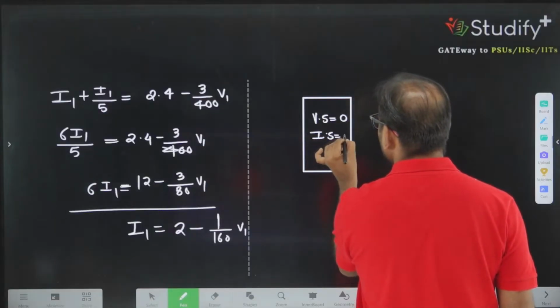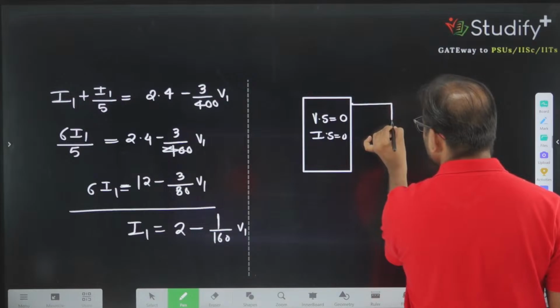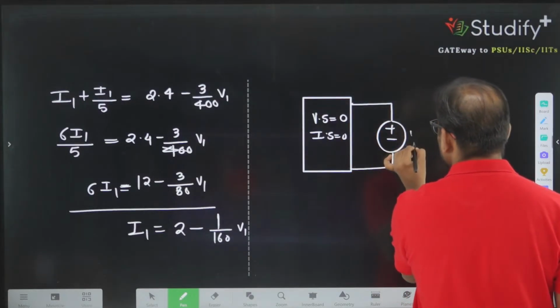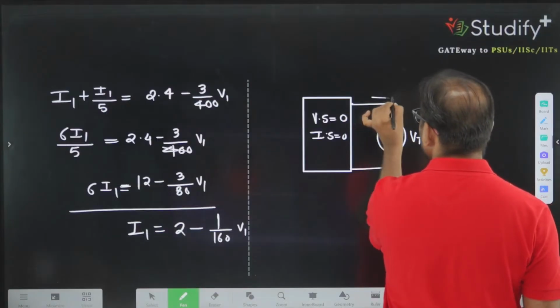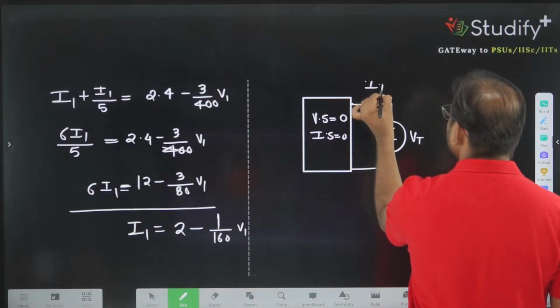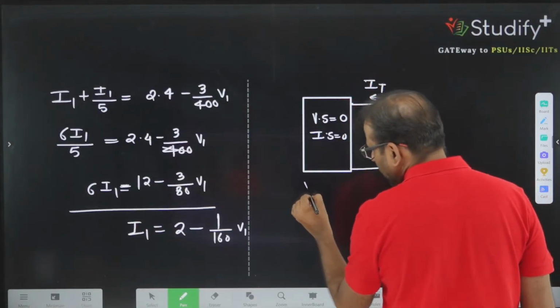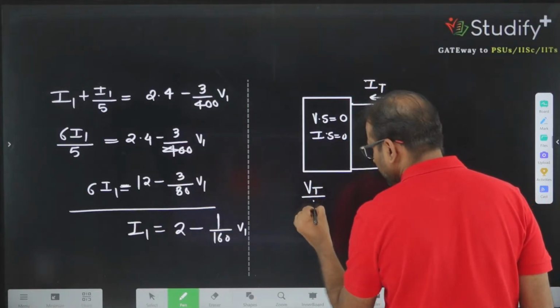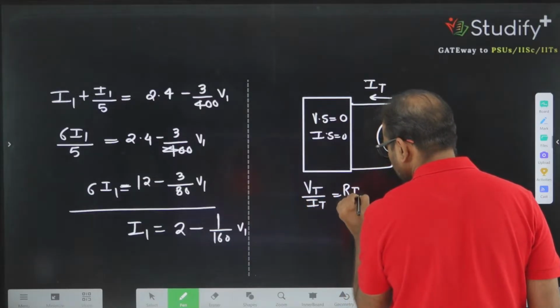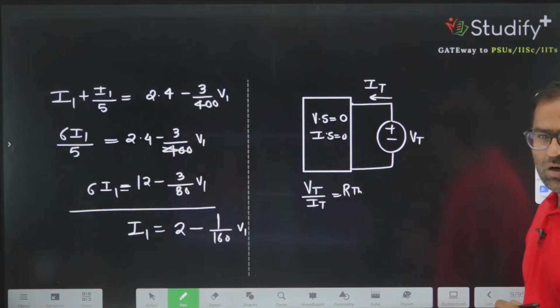Independent current source equal to 0, and connect one external voltage source. Call this voltage source VT, and the current drawn by this voltage source is IT. Then you can say this VT by IT ratio is what? RTH.